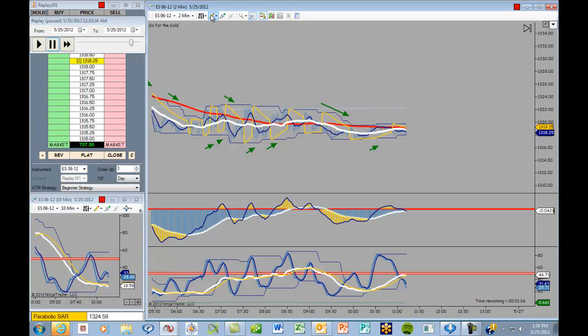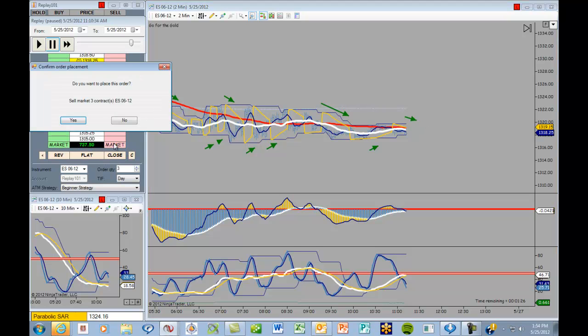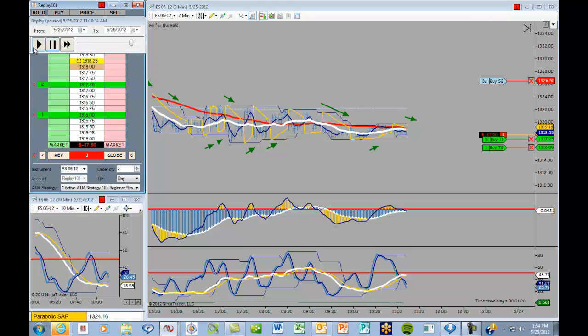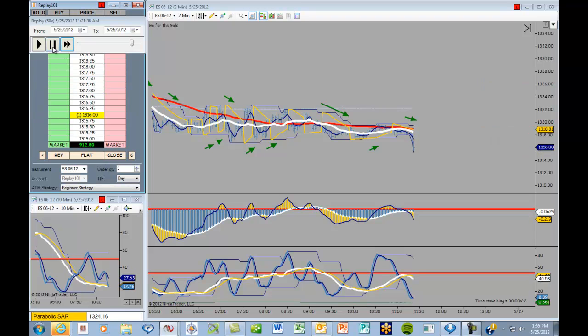So now we clearly have some directionality.